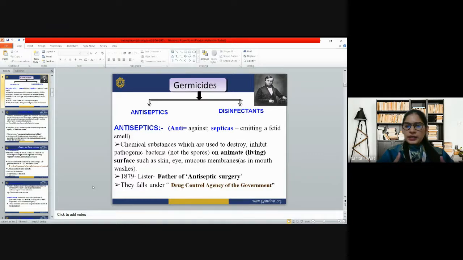So antiseptics are chemical substances which are used to destroy or inhibit pathogenic bacteria, not the spores, on animate, that is living surfaces such as skin, eyes, mucous membrane, as in mouthwashes. In 1879, Lister, father of antiseptic surgery, developed the antiseptic, and they fall under the drug controller agency of the government.